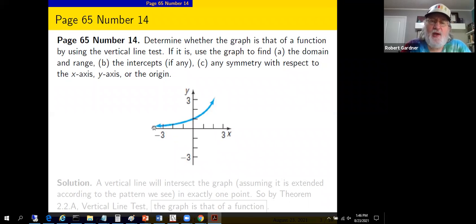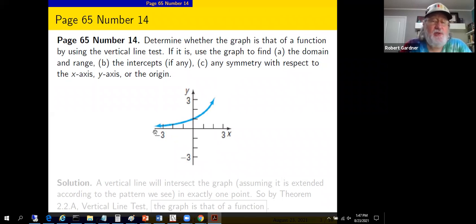They've given us this graph and they ask us, is it a function? What, it continues on in this direction? Does it have a horizontal asymptote or something? Or does it continue to grow in this direction? What's happening over here? Does it go down below the x-axis?